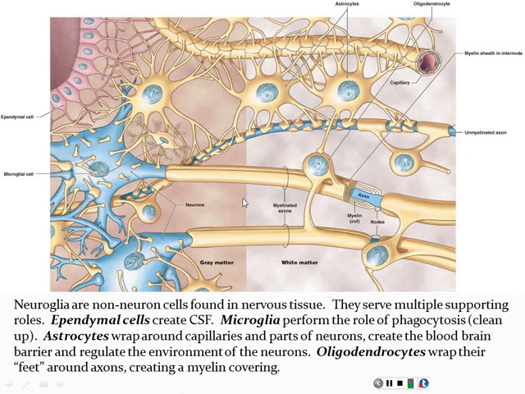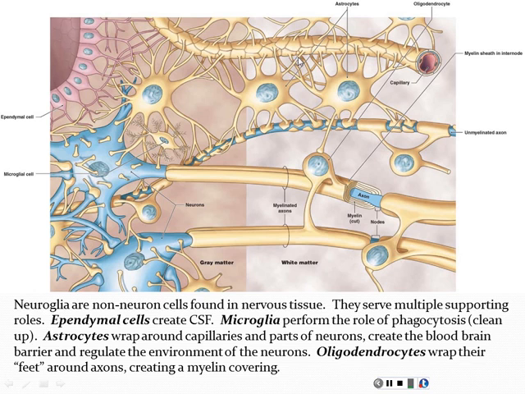One is they help to regulate the environment of the neurons. So they can pick things up from the blood and put them in around the neuron to keep the environment around that neuron very stable. Another important thing that the astrocytes do is, you see how all these feet together have sort of completely covered this capillary? We call that the blood-brain barrier.